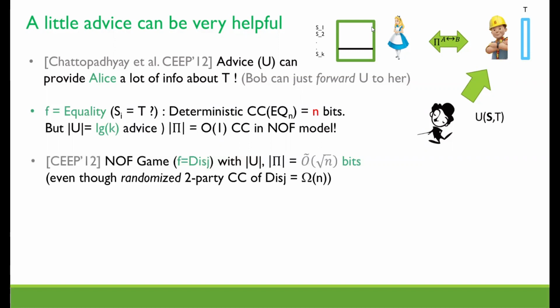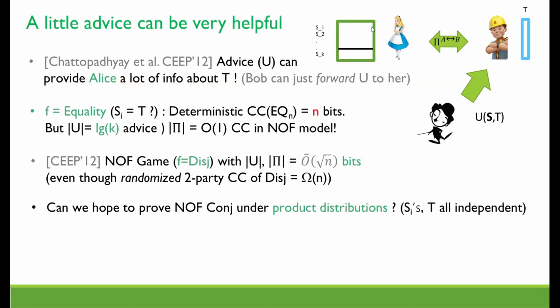And in fact, even for disjointness, one can reduce the required communication to square root n, even though the randomized two-party communication complexity of disjointness is linear in n. All these examples show that Charlie's advice is very useful when Si and T are correlated.